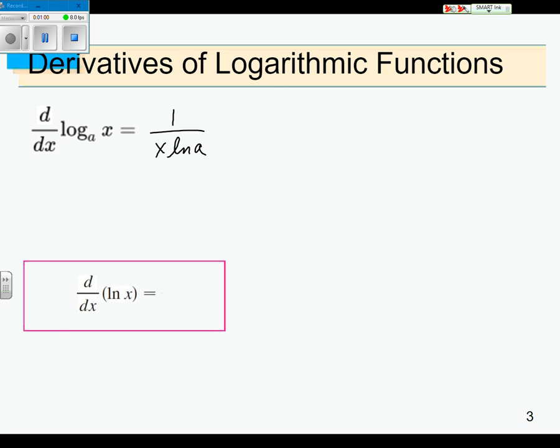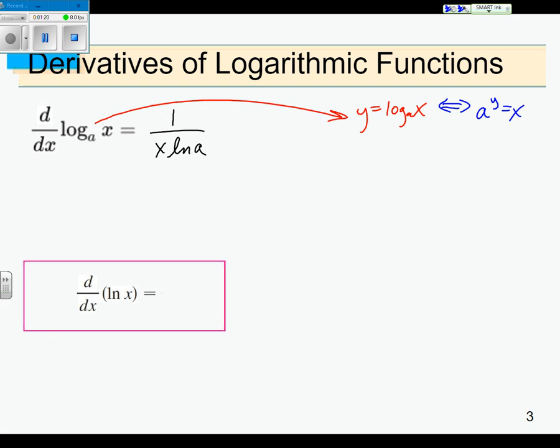Okay, so my definition of a logarithm says that if y equals log base a of x, that is true if and only if a to the y is equal to x.